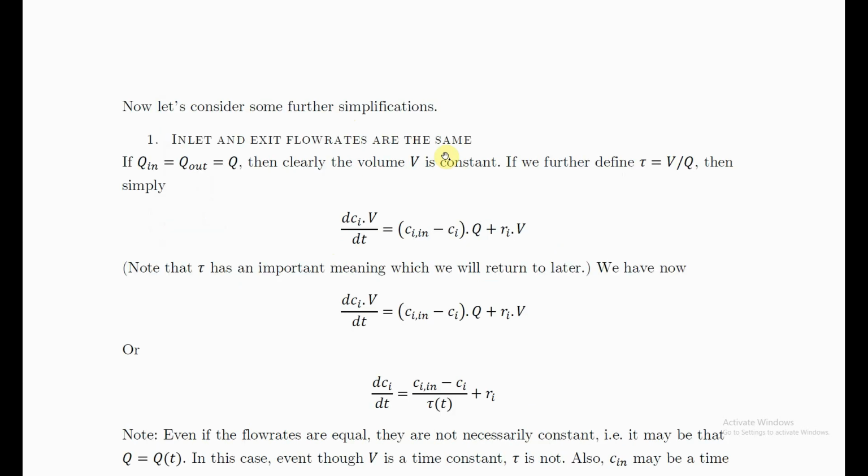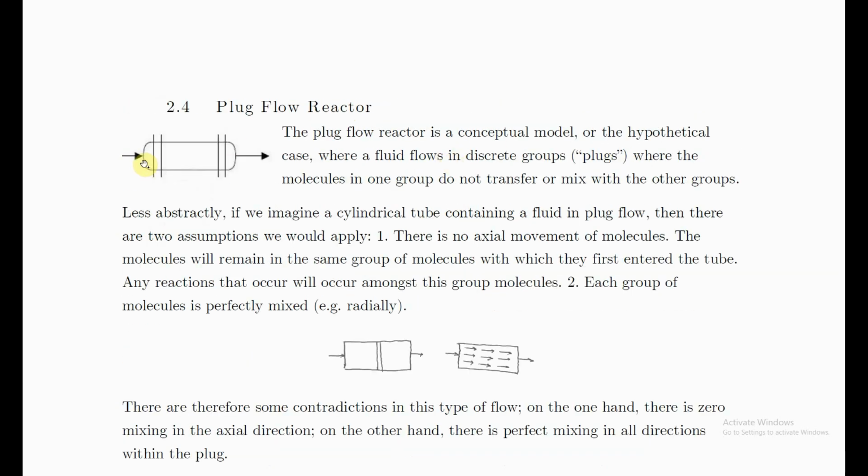Looking at the PFR, you fed in at 100 moles per cubic meter here, and so you have a high reaction rate over here. But as you look further down the tube, you get to a stage where the conversion is so high that you've got a very low reactant concentration, and so your reaction rate suffers down here.